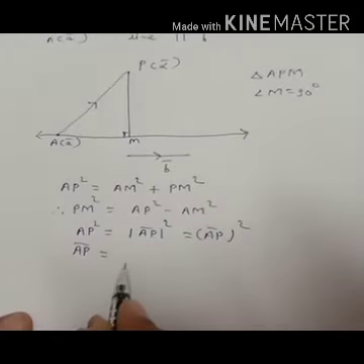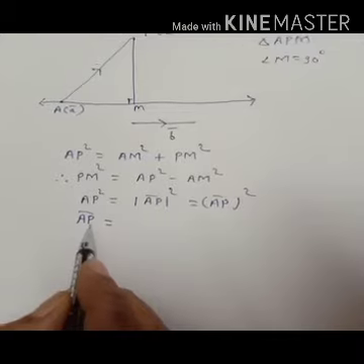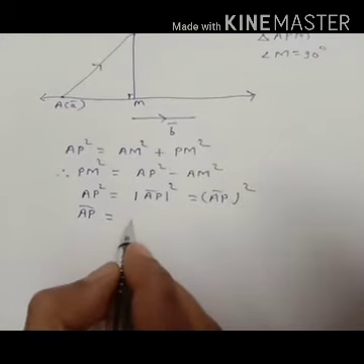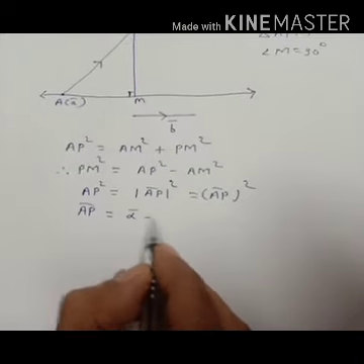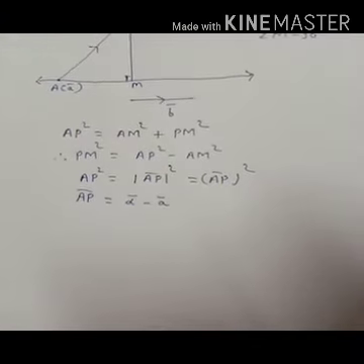And a vector in space is expressed as the position vector of the terminal point minus the position vector of the initial point. The position vector of terminal point P is denoted by alpha bar minus the position vector of initial point A bar.